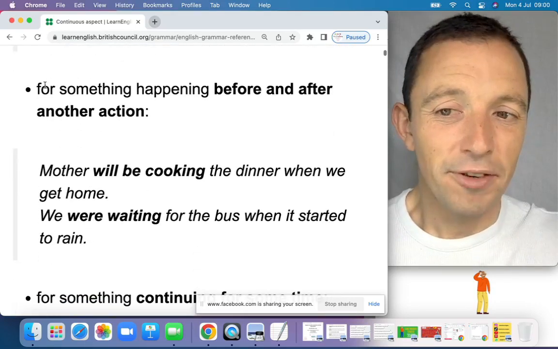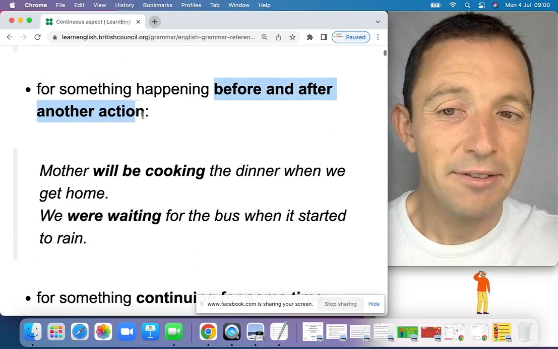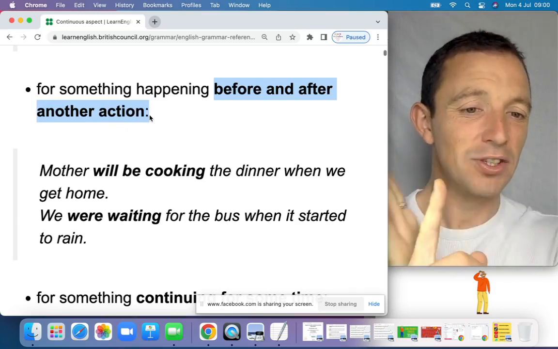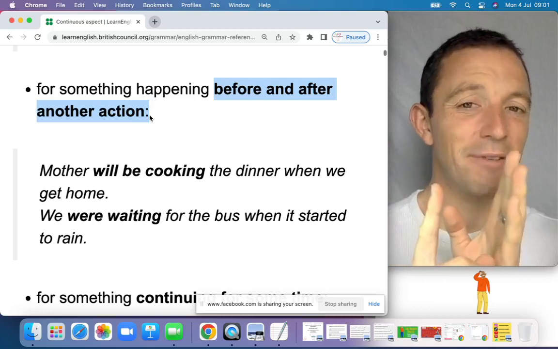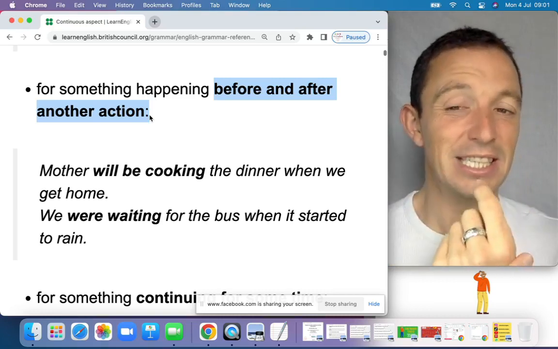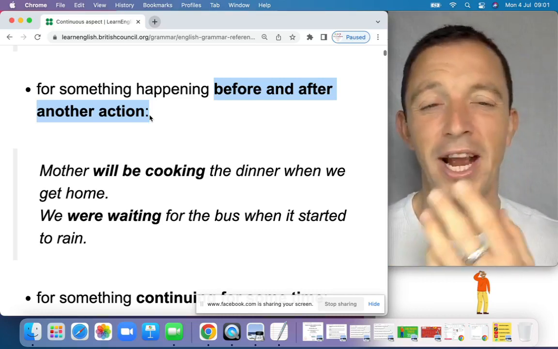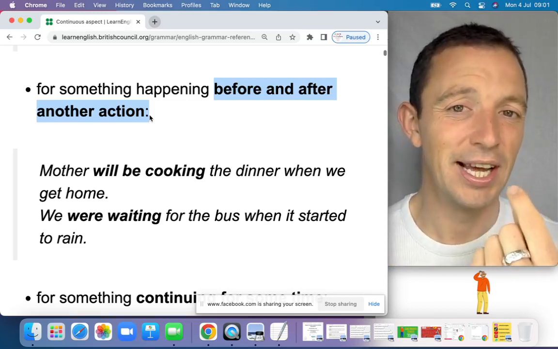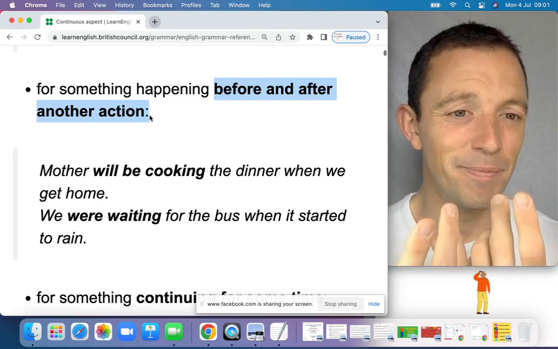Also, for something happening before or after another action. So first we have a specific time and something happening before the specific time and after the specific time. In this case, it's a specific action. So very, very similar, except it's an action and not the time.